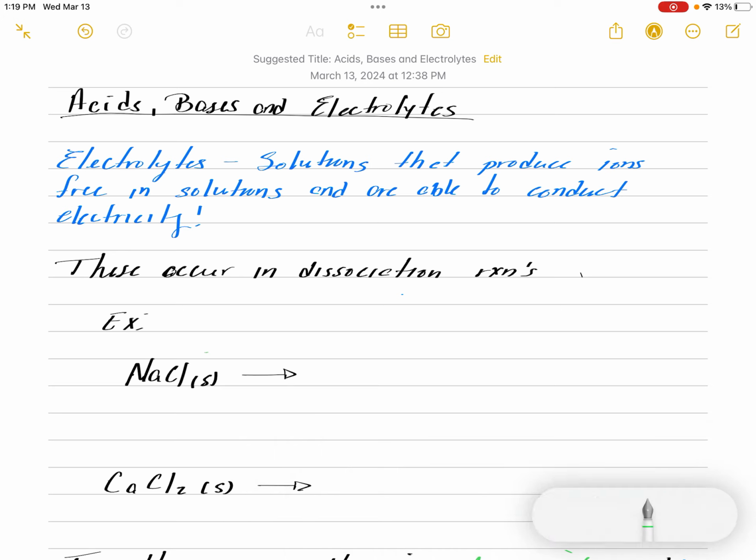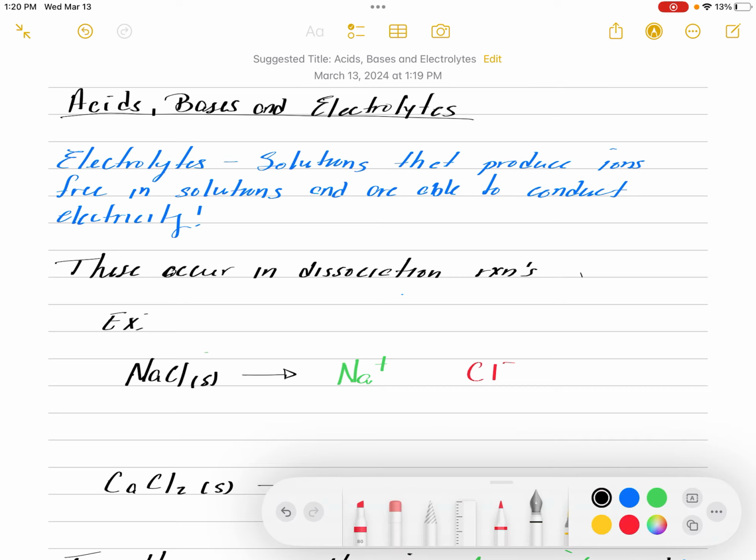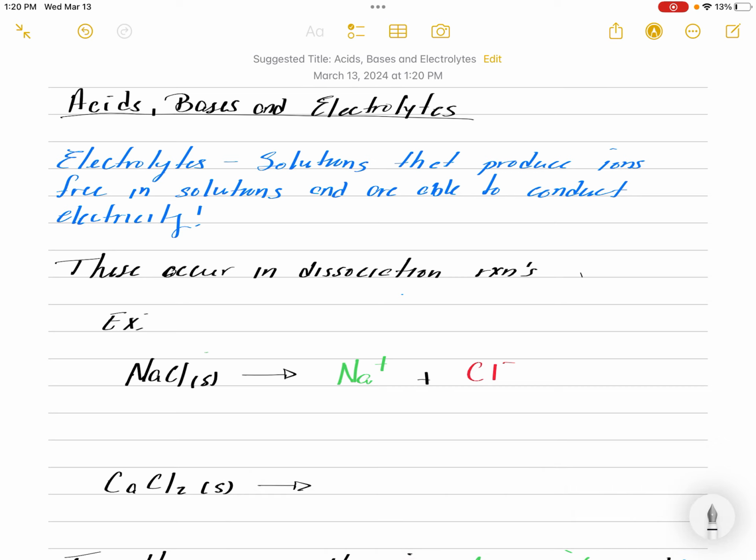So the first ion that forms is going to be the sodium plus ion, right? And the other ion that forms is going to be the chloride 1 minus ion. So in a dissociation reaction, what we have is a solid structure, an ionic compound, that separates into its two positive and negative ions. When you have ions in solution, that's when you're able to conduct electricity.